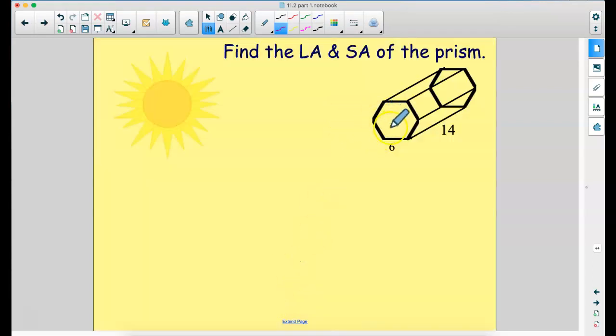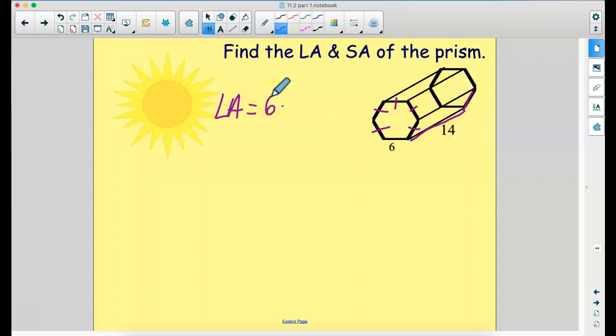Find the lateral area and surface area of this prism. So the lateral area, each side here, since we assume this hexagon is a regular hexagon since they only gave us 1 dimension. So we're assuming that all of these are 6. And so each side of the prism is a 6 by 14 rectangle.